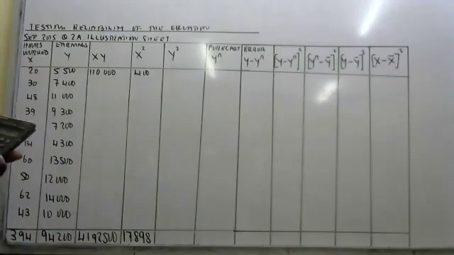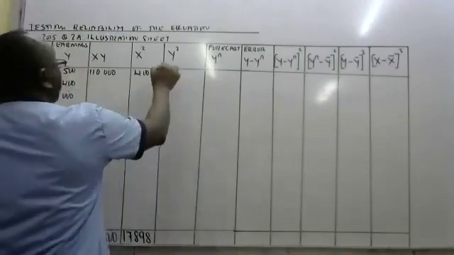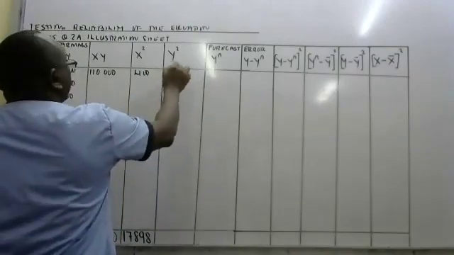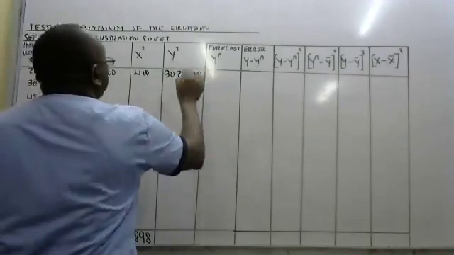Let's go to y square, say 5,500 squared is equal to 30,250,000.